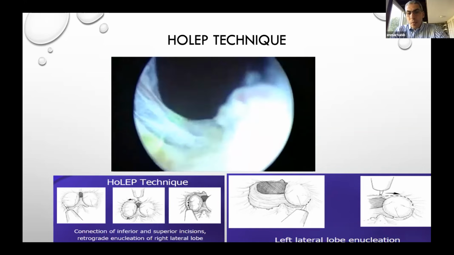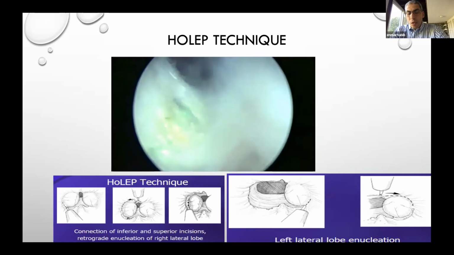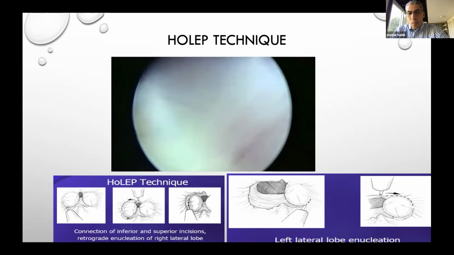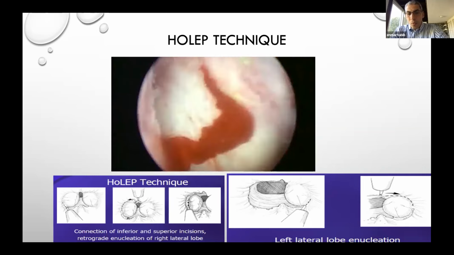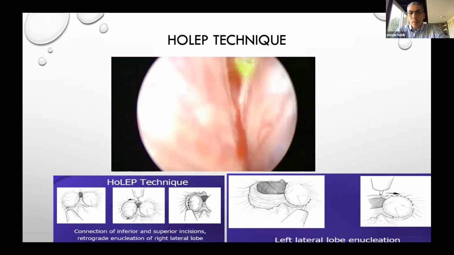Here I'm releasing the mucosa above the bladder neck from 12 o'clock down to the plane that I started from below. I'm releasing now the adenoma from the bladder neck.